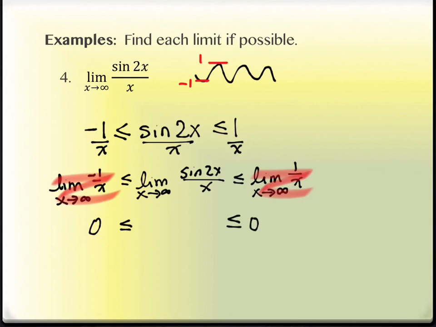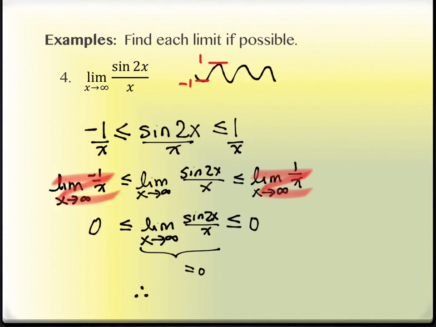It means that the limit on the left is 0, and the limit on the right is 0. The only way that sine of 2x over x is going to be in between 0 on the left and 0 on the right is if its limit is already 0 as well. So it's sandwiched between a lower bound of 0 and an upper bound of 0, which must mean that this also equals 0.